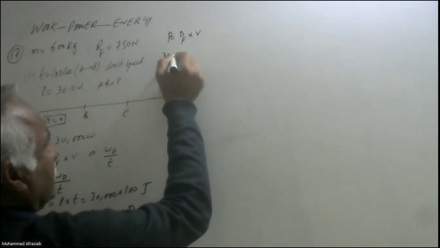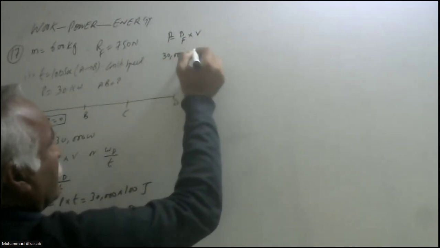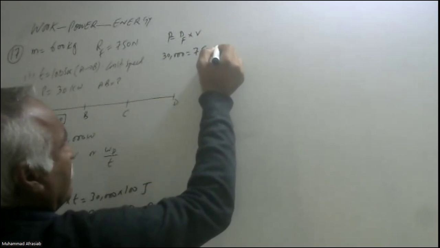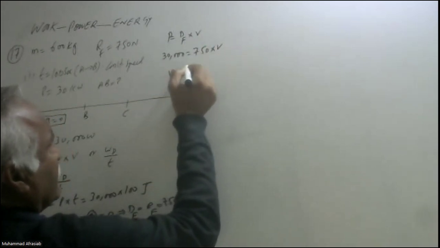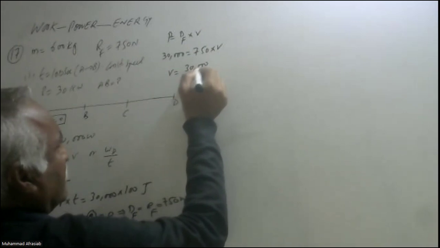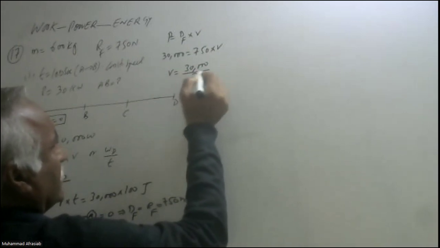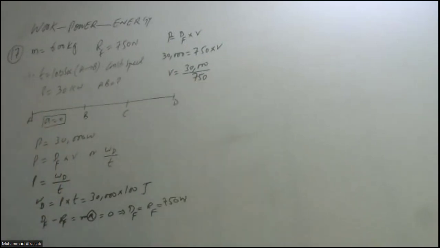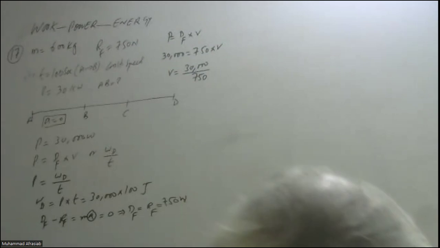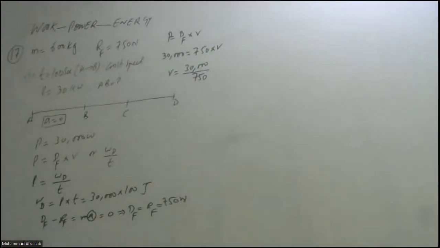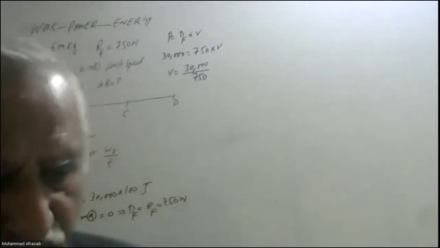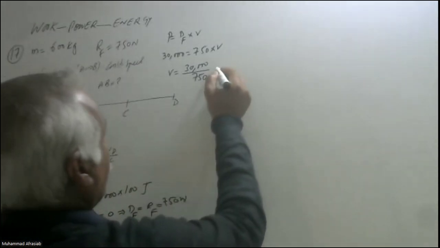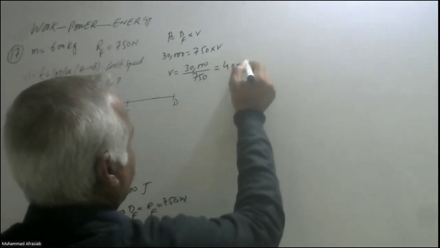Power is 30,000 and the driving force is 750 times the speed v, so v is equal to 30,000 over 750, which is equivalent to 40 meters per second.